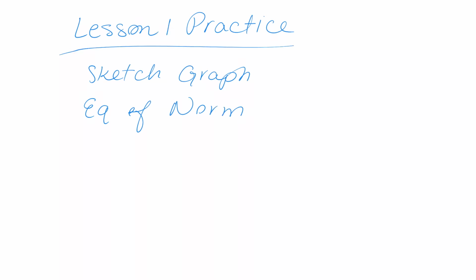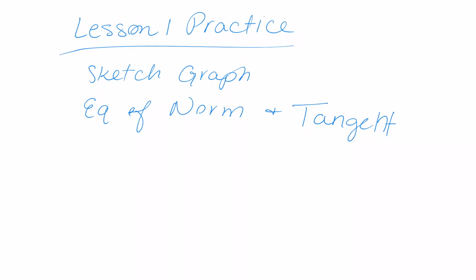Okay, so here are your two practice problems that we're going to call lesson 1 practice, because I think that's how we're going to organize ourselves. I want you to sketch a graph, first of all, and I want you to find the equation of the normal and tangent lines with their sketch.